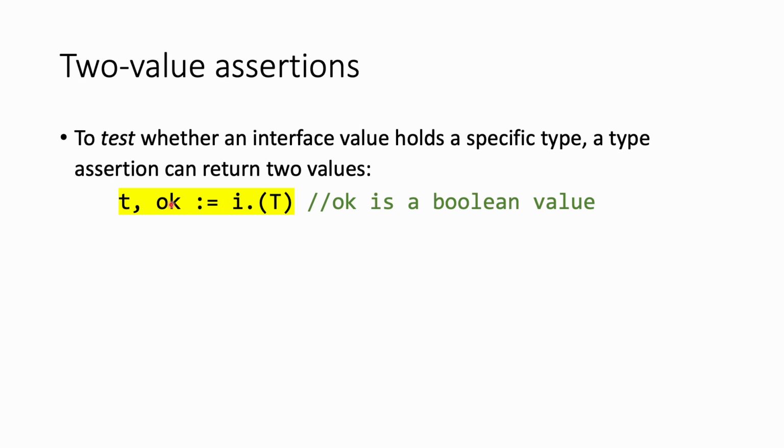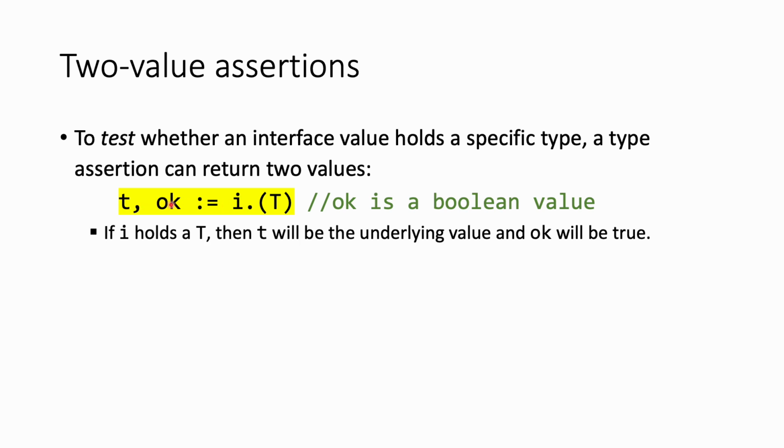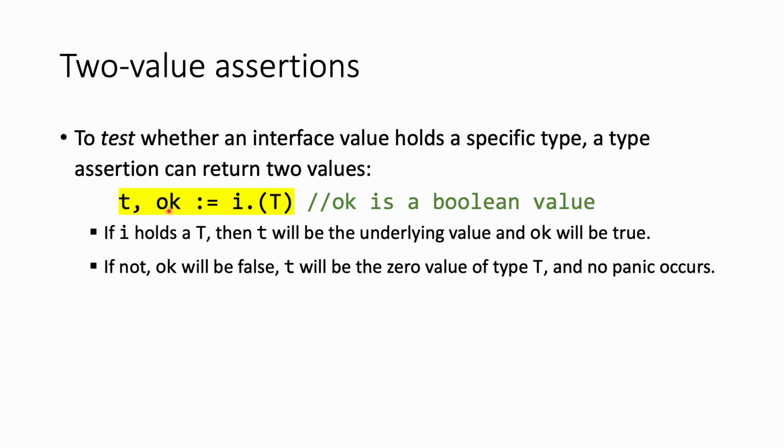In this statement, if the interface variable i holds a concrete type T, then variable t will be the underlying value of the interface value i, and variable ok will be true. Otherwise, variable ok will be false and variable t will be the zero value of type T, but no panic occurs.